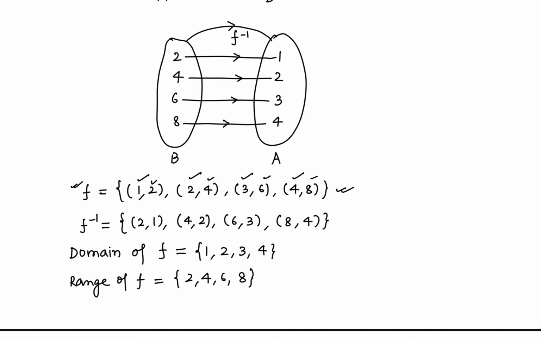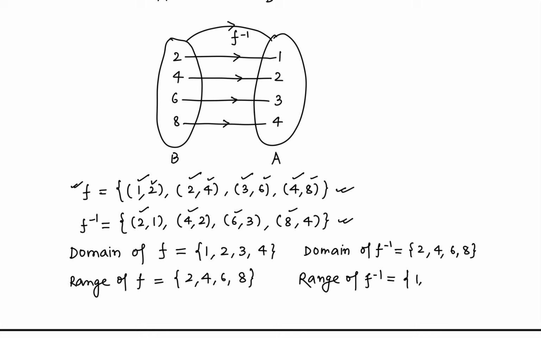Okay, now if we observe this inverse, we can see that the domain of f inverse is similarly the first elements of these ordered pairs. This is 2, 4, 6, 8, and range of f inverse is equal to 1, 2, 3, 4.